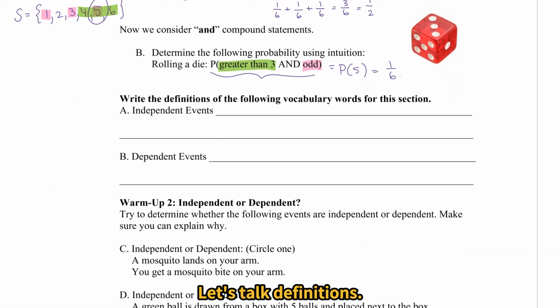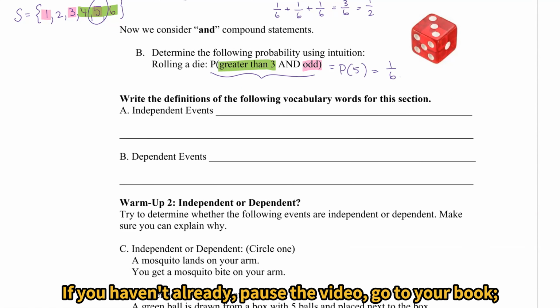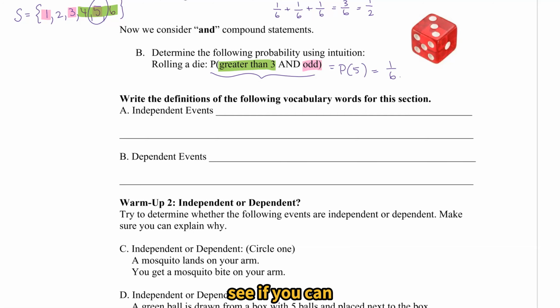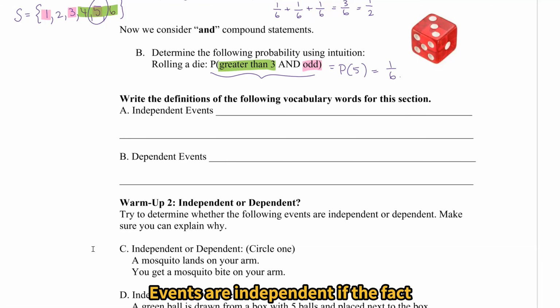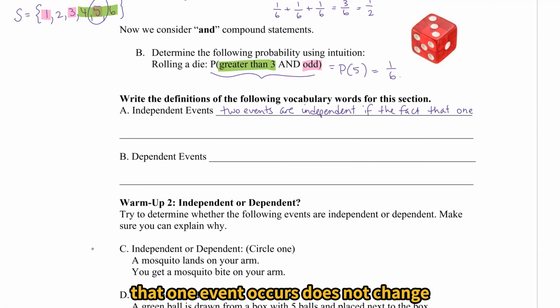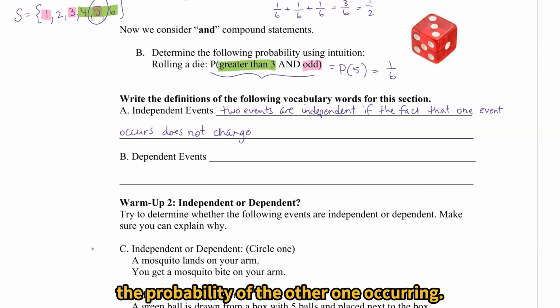Let's talk definitions. If you haven't already, pause the video, go to your book, and see if you can write down the definitions of independent events. Events are independent if the fact that one event occurs does not change the probability of the other one occurring.